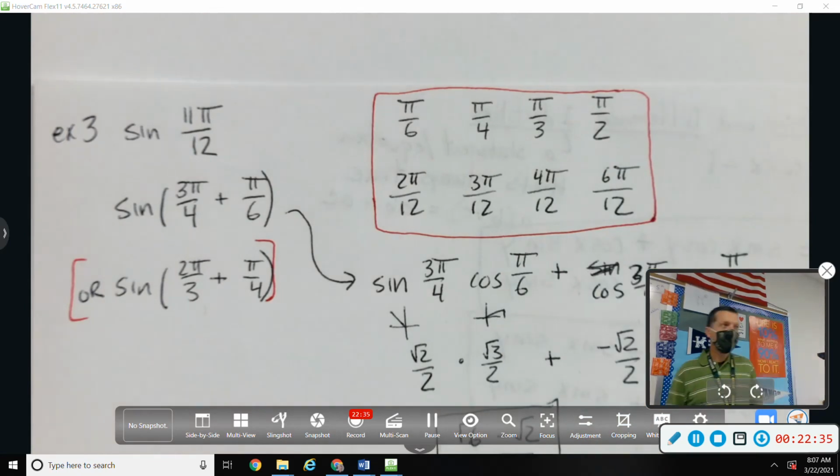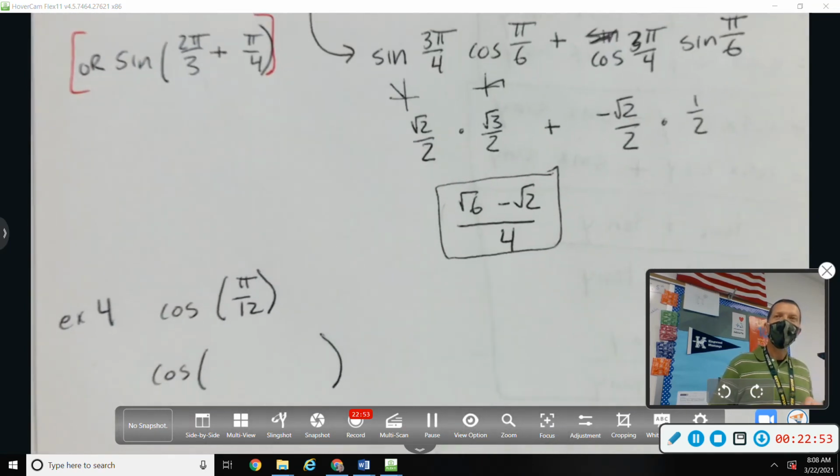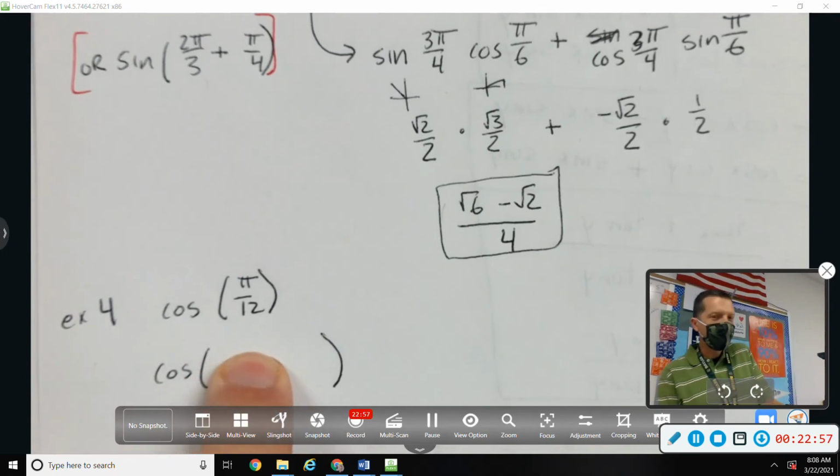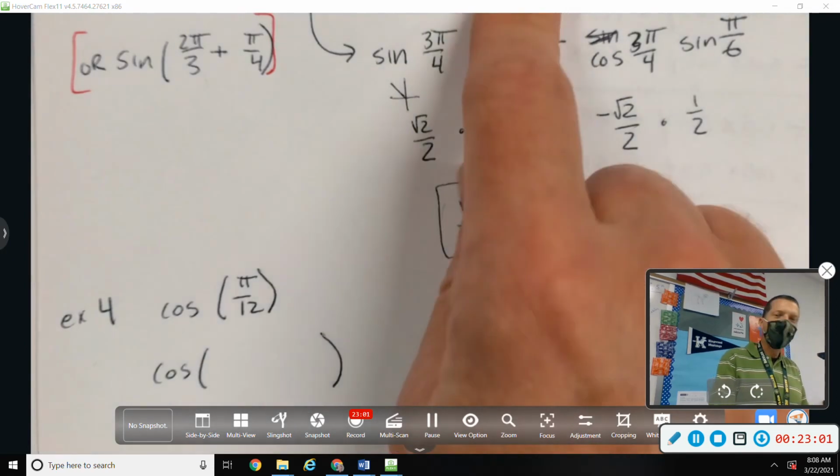You can definitely subtract, because there's no way to do it by adding, so you definitely need to subtract. So how do you want to get there? Cosine of pi over 12. So I'm trying to figure out how do I get pi over 12 from the fractions that I'm allowed to use.